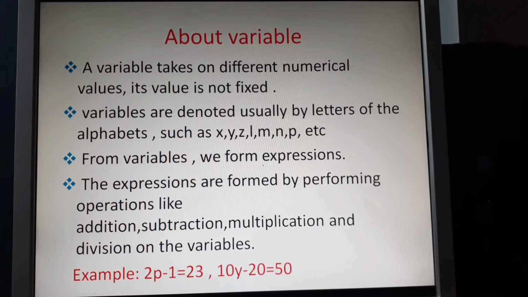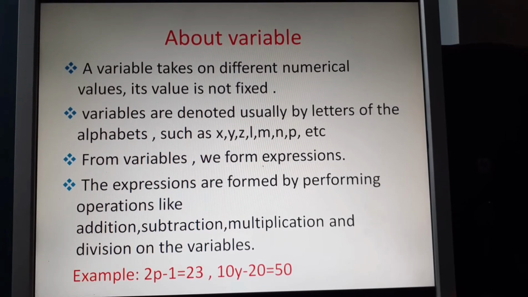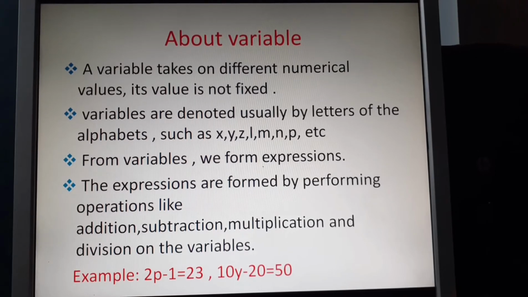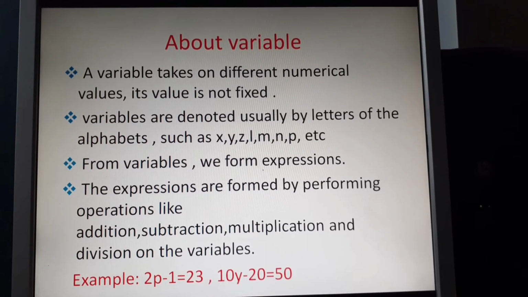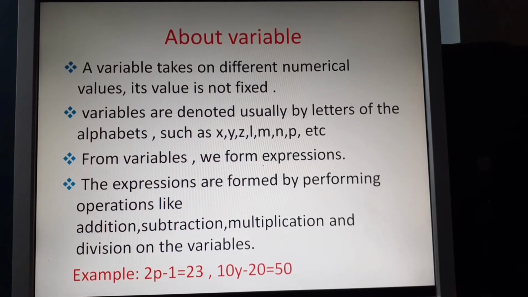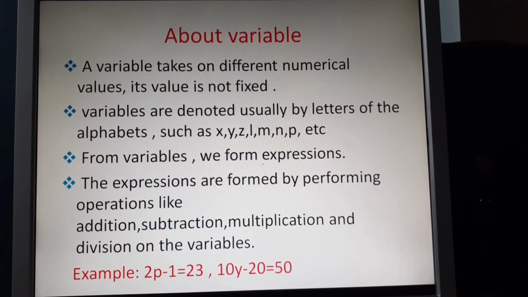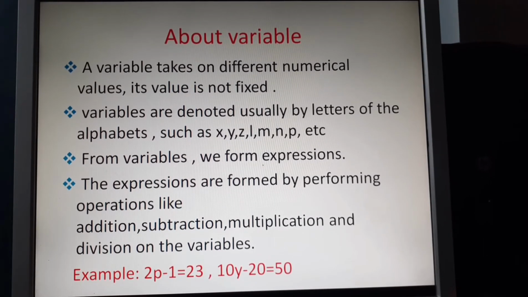See the given examples. First example, 2p minus 1 is equal to 23. Another one, 10y minus 20 is equal to 50. These both equations are examples for linear equations in one variable.